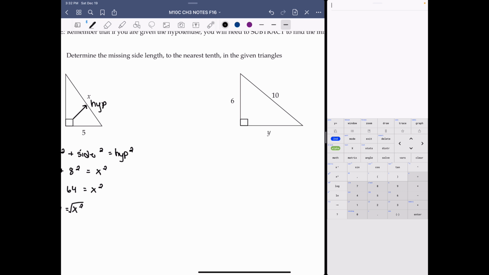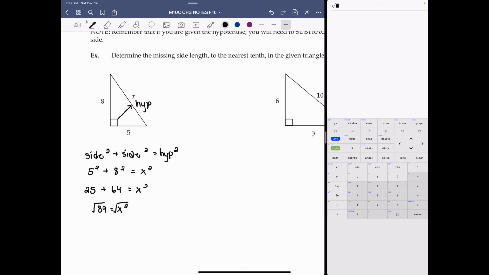Square root of 89 is 9.4339. And we'll round to the nearest tenth, as it says up here. So that would give us x equals 9.4.